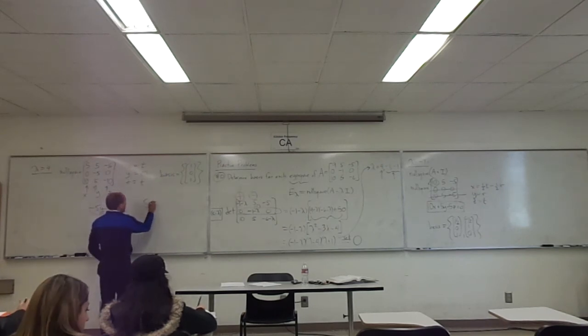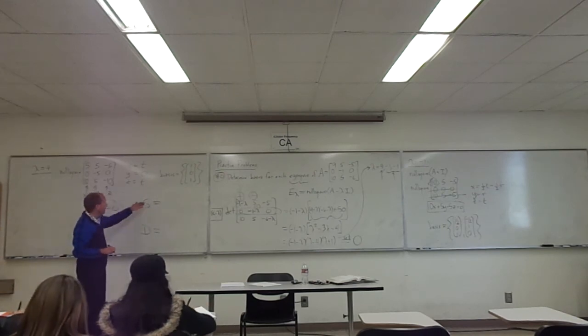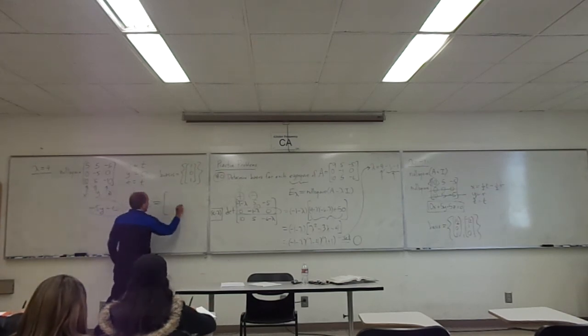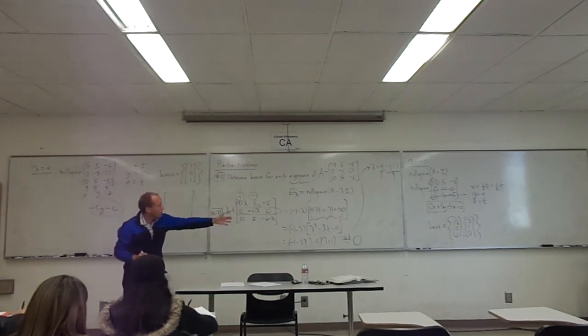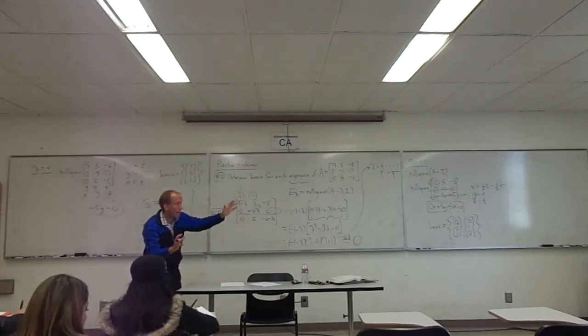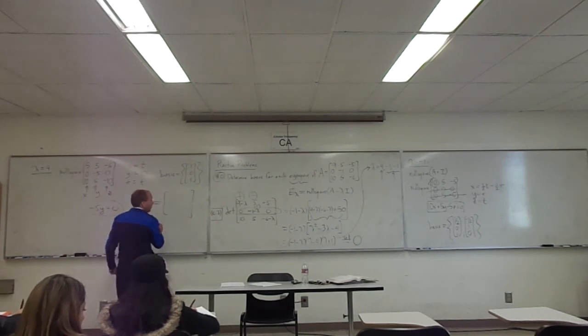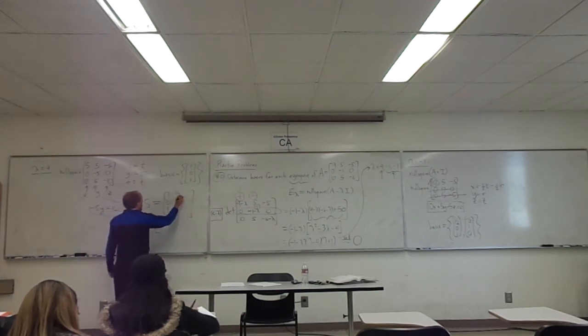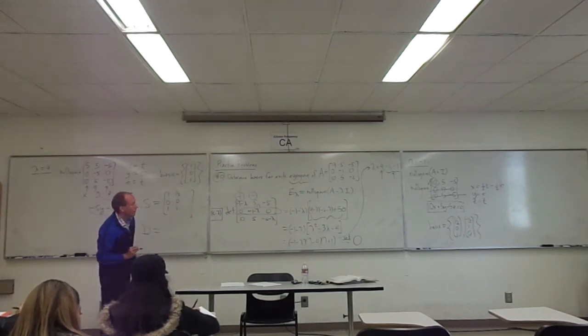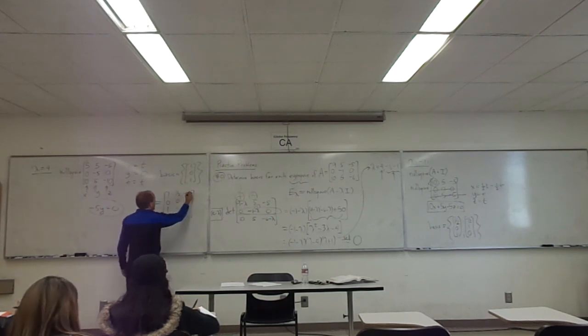So if I asked you, I guess we didn't ask this question, but if I did ask you to find the matrix S and D, it's very easy to do that now. You just grab the vectors, because it is diagonalizable. I grab the vectors that I have found. So I can put them in whatever order I want. Let me just put 1, 0, 1 right there, and then 1/2, 0, 1 right there, and then -1/2, 1, 0 right there.